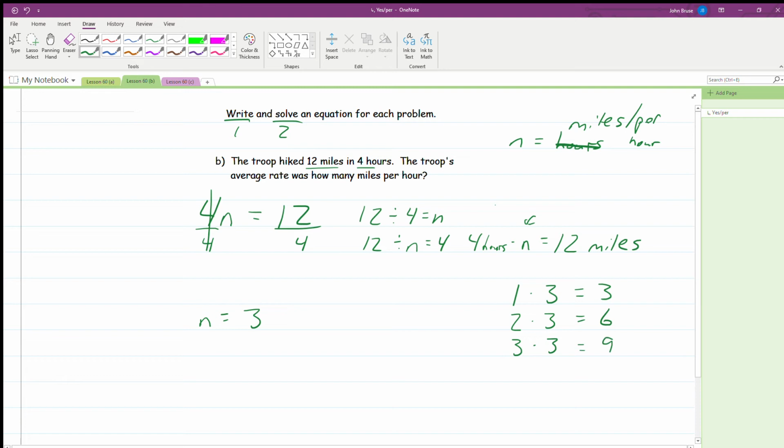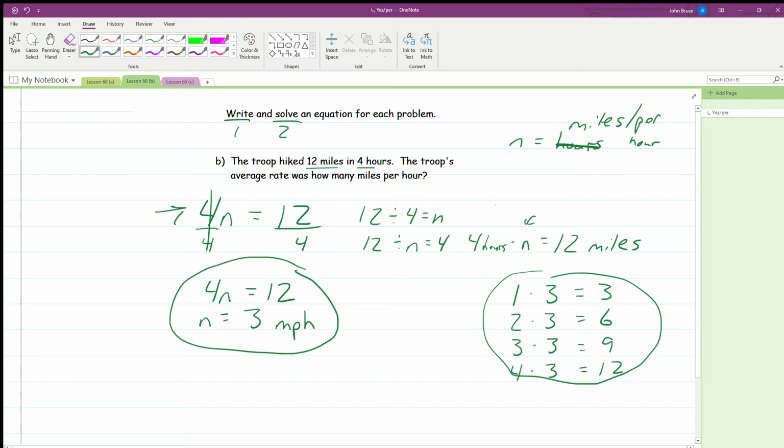And then in 4 hours, times 3 miles per hour, would be 12. So that works. This solution, this equation works here. So my equation, again, is going to be, I put it right here, but I messed with it. So I'm going to write 4n equals 12, or n equals 3 miles per hour.